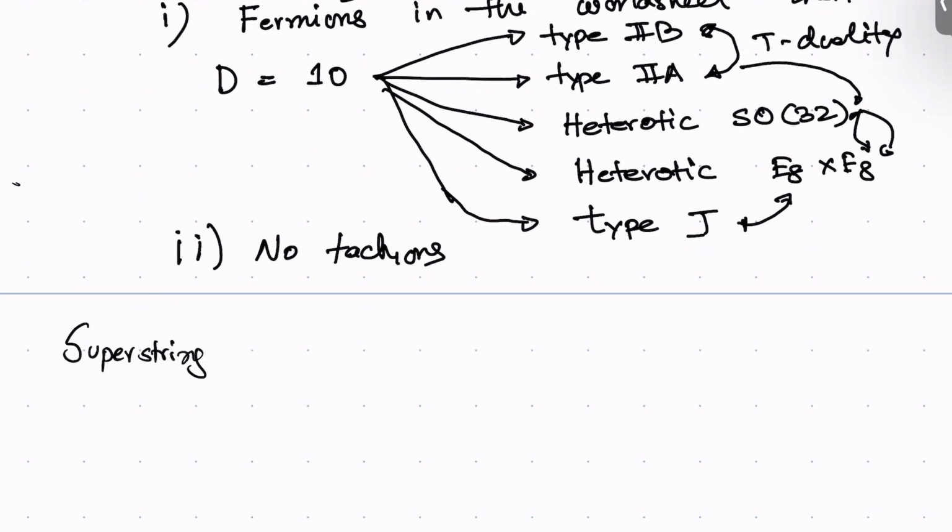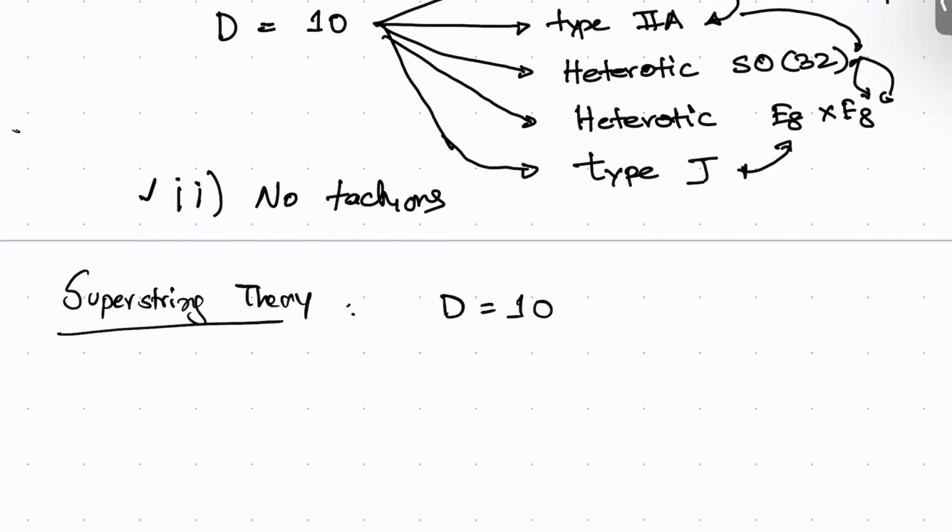Let's use this superstring theory, a theory in 10 dimensions with no bad features of the bosonic strings. Okay. So let's start with a few disconnected concepts.